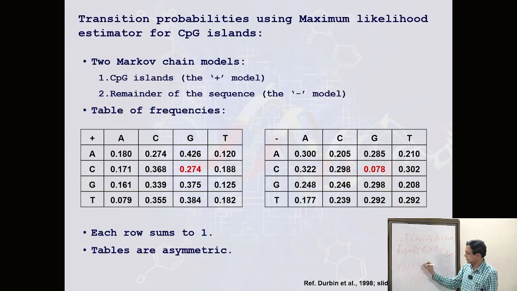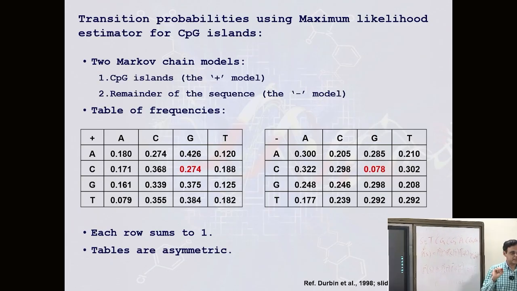What should I write? Probability of T, with minus superscript, and then probability of C given T minus, and so on.